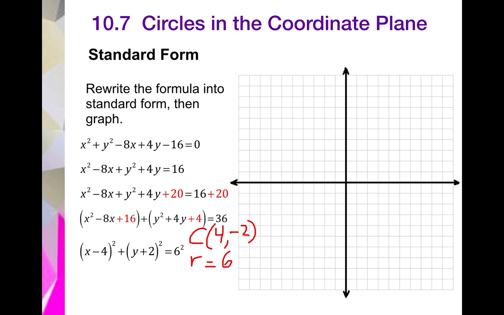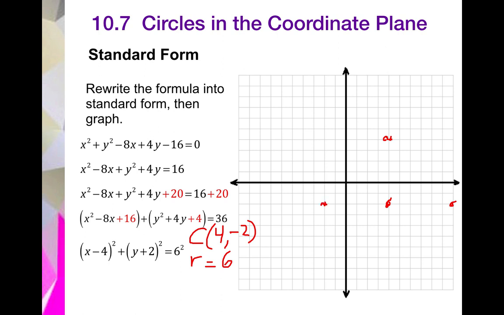So if I plot out (4, -2), that's right around here. And then I count out 6 in each direction. 1, 2, 3, 4, 5, 6 in this direction. 1, 2, 3, 4, 5, 6 in this direction. To the left, 1, 2, 3, 4, 5, 6.